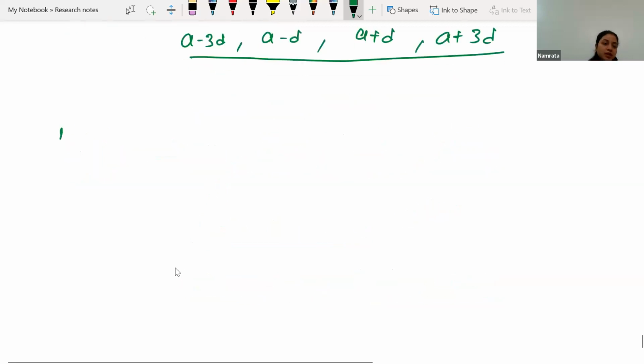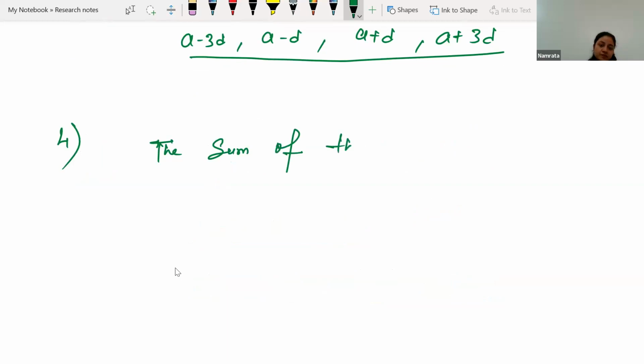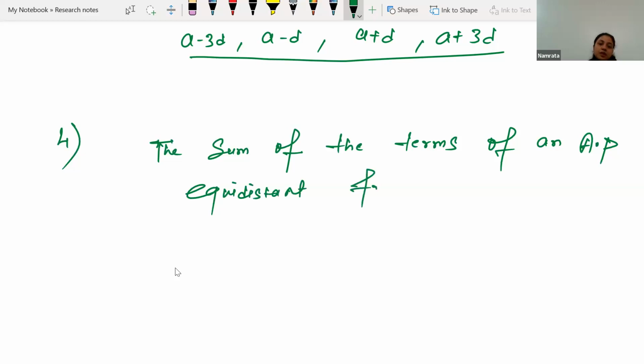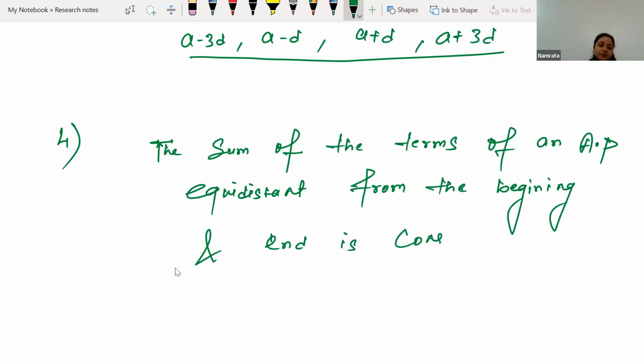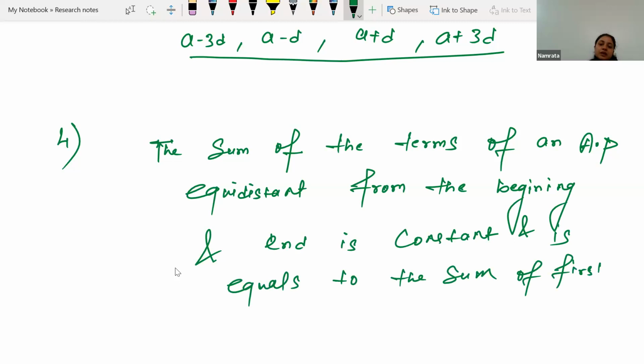The next property is: the sum of terms of an AP equidistant from the beginning and the end is constant and is equal to the sum of first and last term.